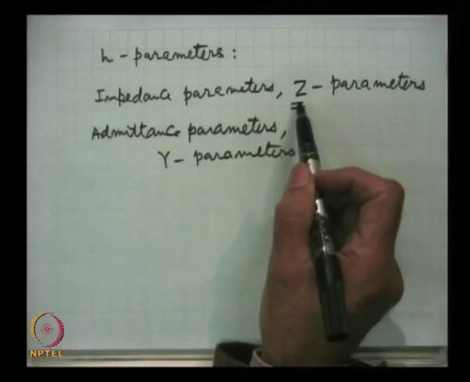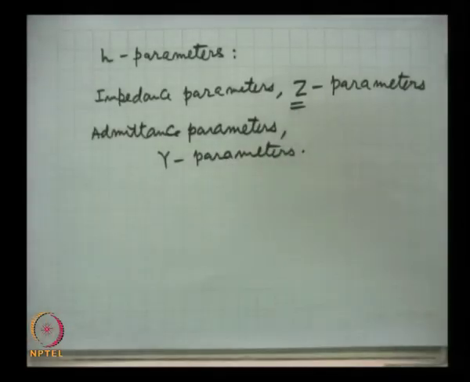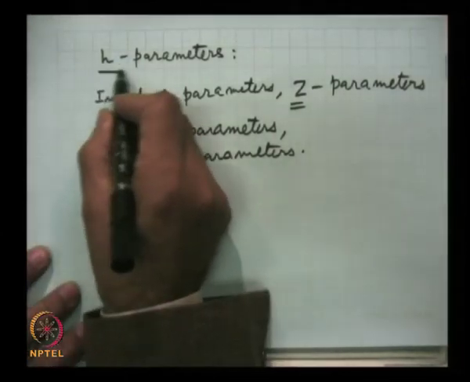But when the transistor was invented, there was a problem in measuring these parameters, either Z parameters or Y parameters, for the transistor. So, then another set of parameters was developed, and that is known as H parameters.